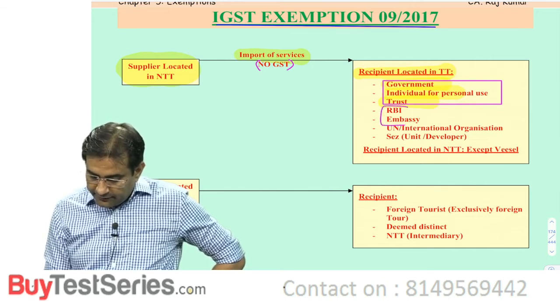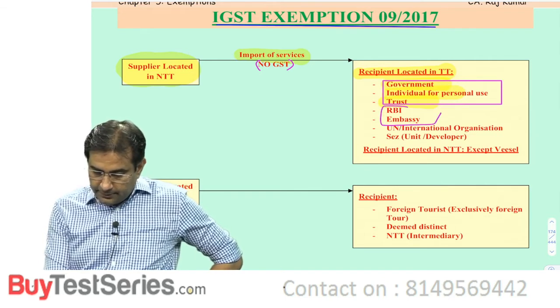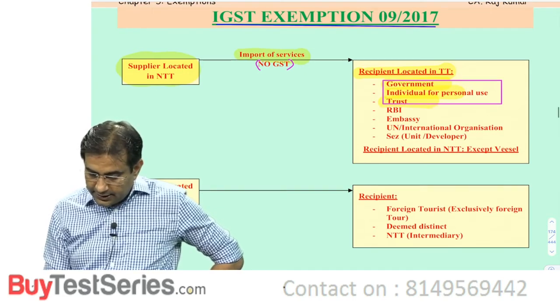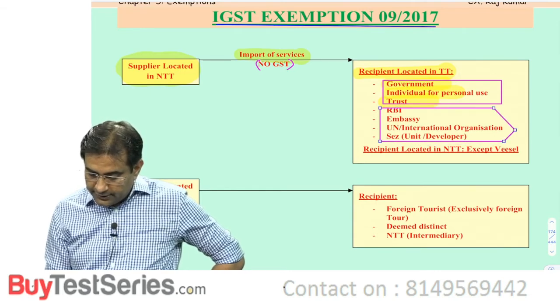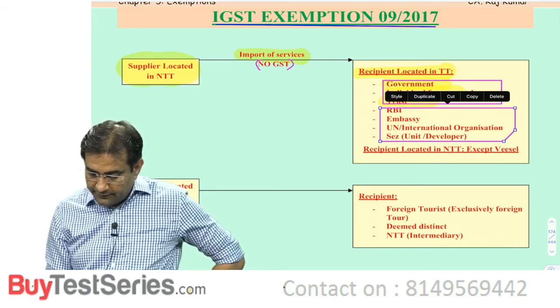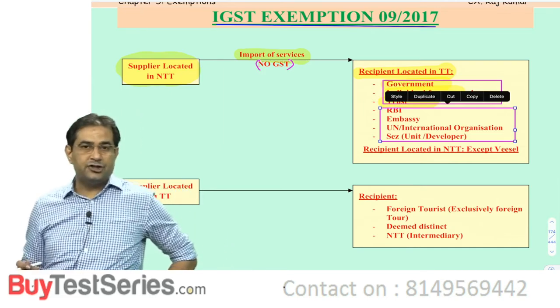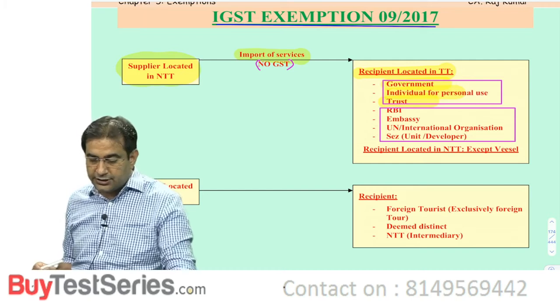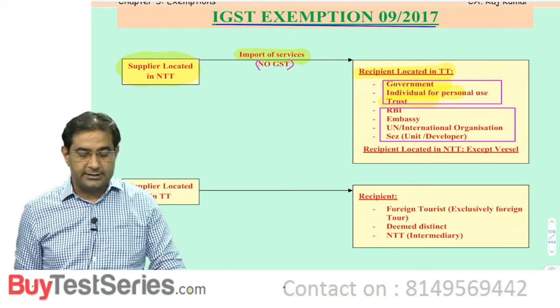RBI and embassy, where the recipient is Reserve Bank of India, embassy or SEZ. In all the four situations, it will not be liable to GST: services imported by RBI with respect to Forex, services imported by embassy, services imported by United Nations, services imported by SEZ.